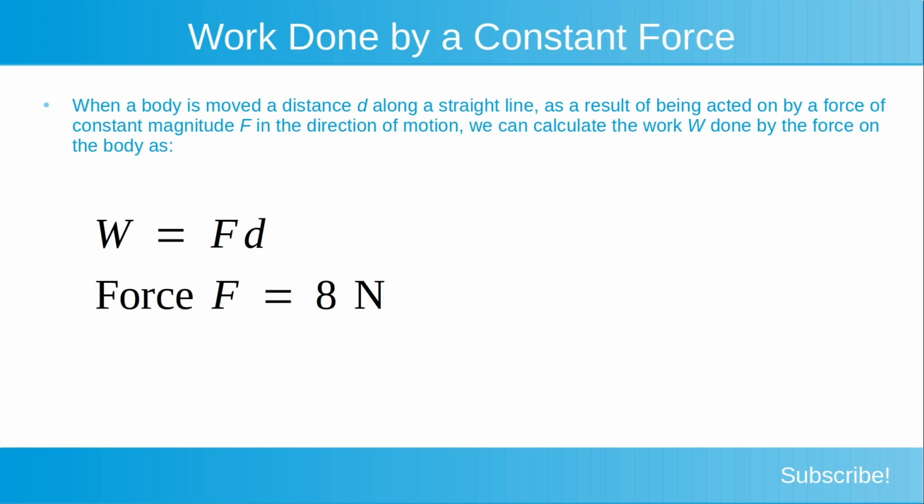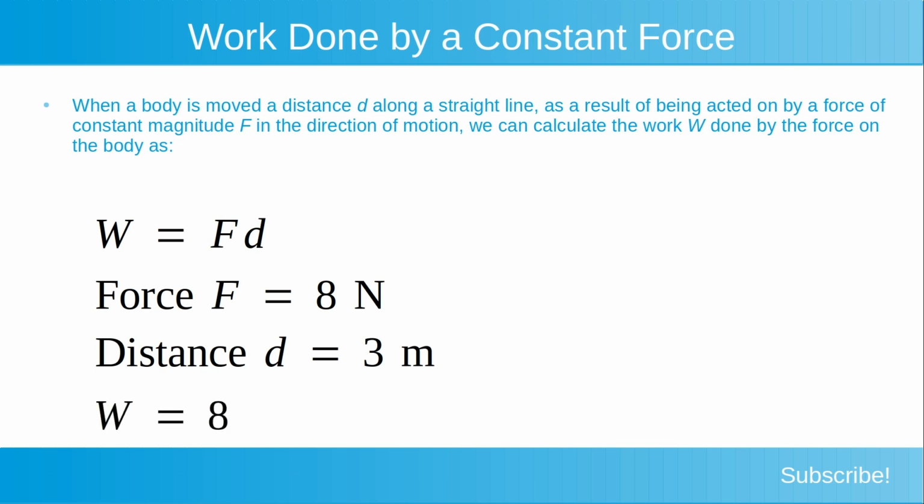For example, if we have a force F equal to 8 newtons acting on a body, and as a result of that force, that body moves a distance d equal to 3 meters, we can calculate the work W done by that force on that body as 8 multiplied by 3, giving us 24.